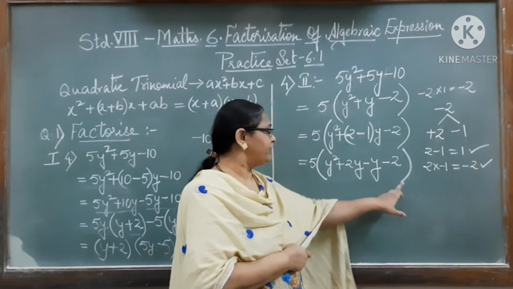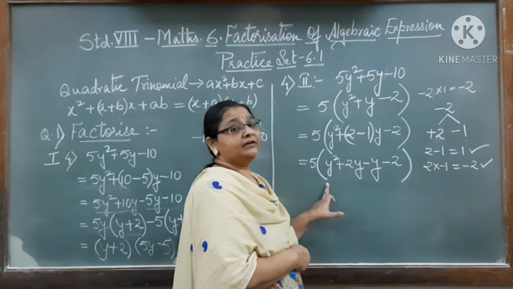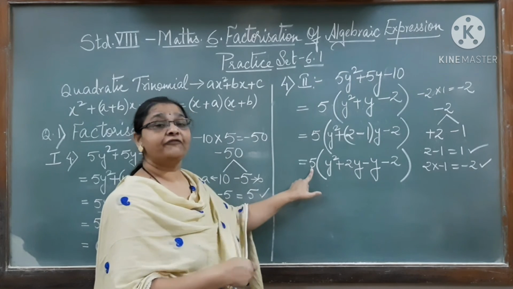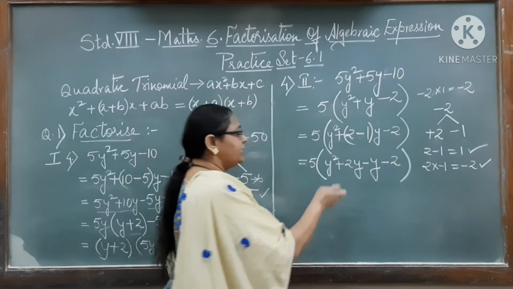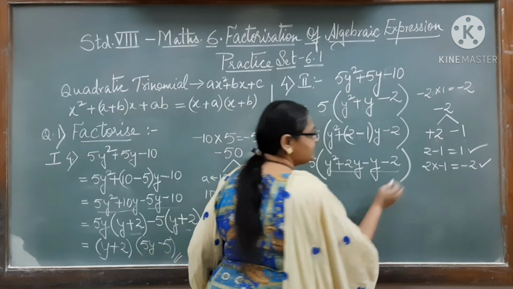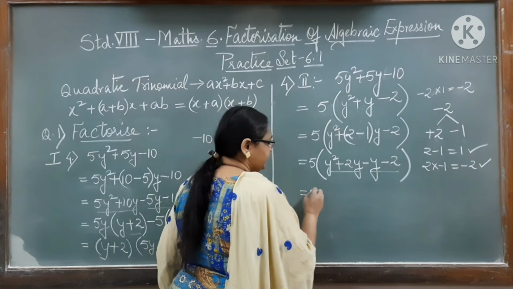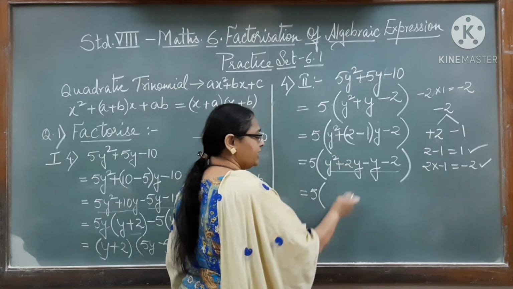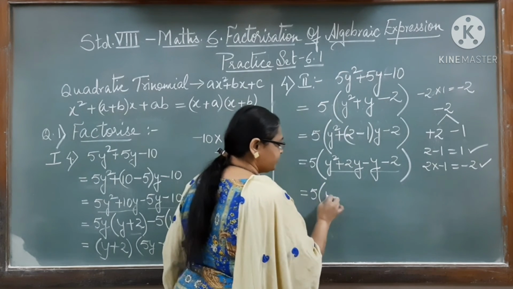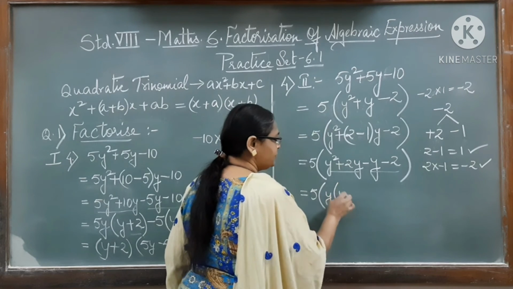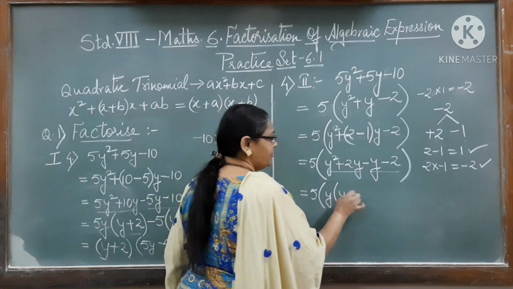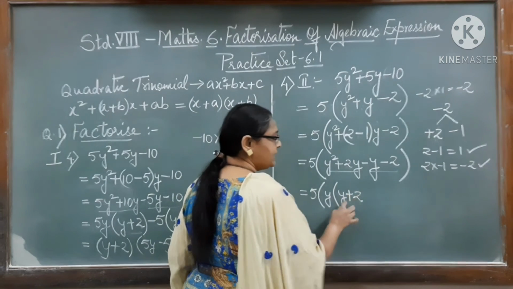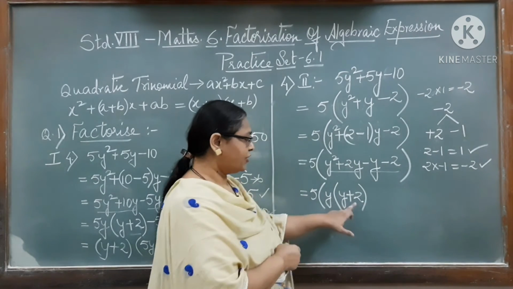Now see that you always write the form inside the brackets because remember we have taken 5 as a common term. Now let me consider the first two terms and the second two terms to find out the factors. That is equal to 5 into, first y square plus 2y will be simplified. Let me take a common term outside, y into y is y square plus y into 2 will be 2y. That is y plus 2. I have got one common term.